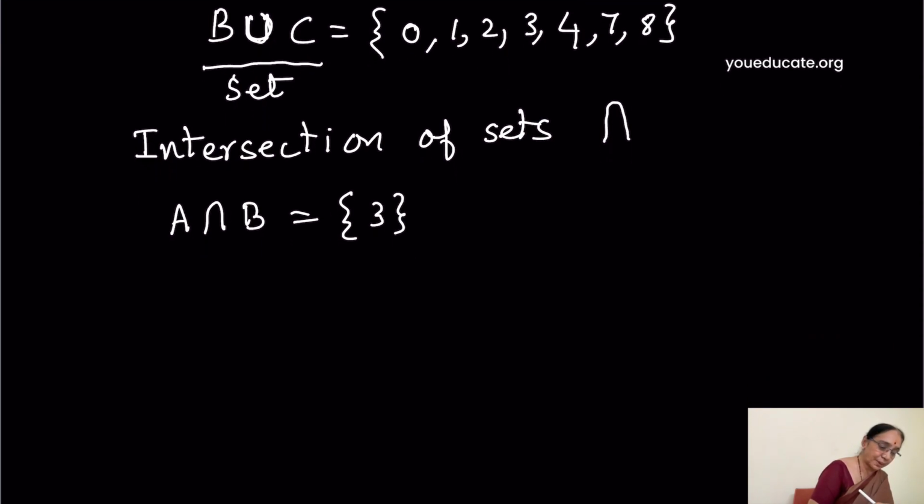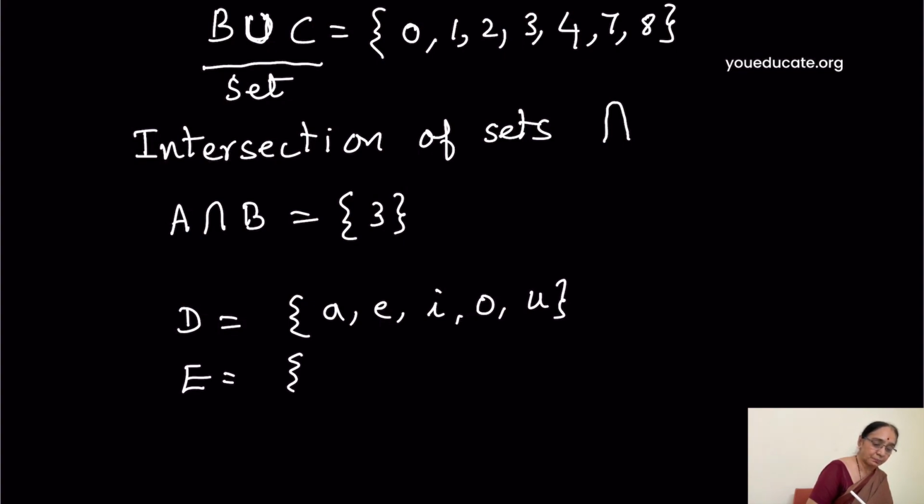Now for example, I give another two sets. D is equal to A, E, I, O, U, the set of vowels. And E is the set of M, N, Q. Now D intersection E. Do you find any element common?